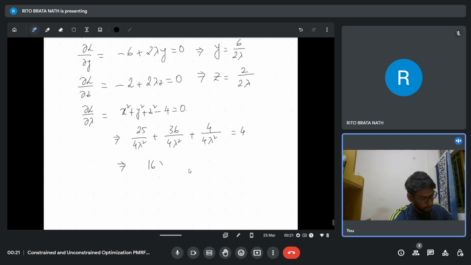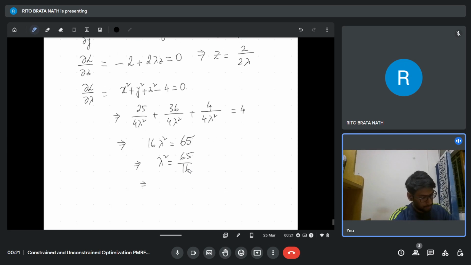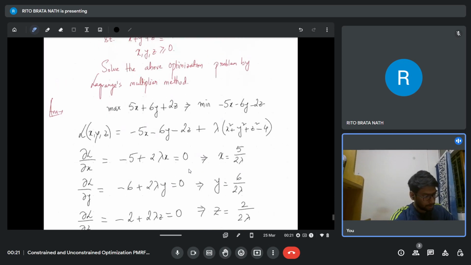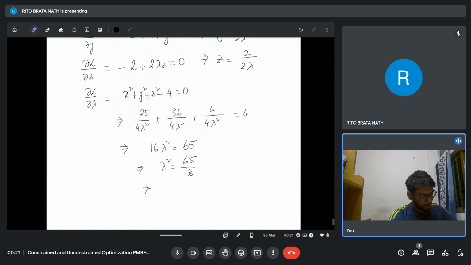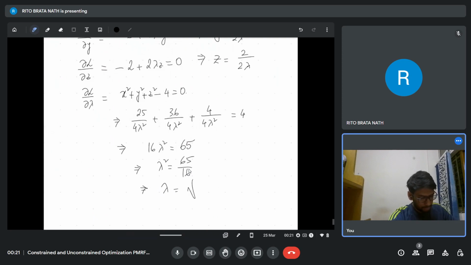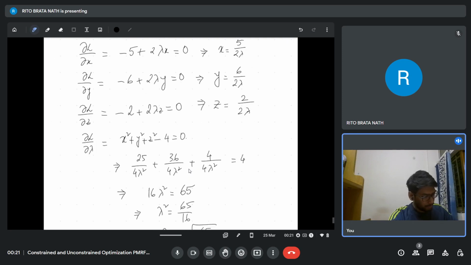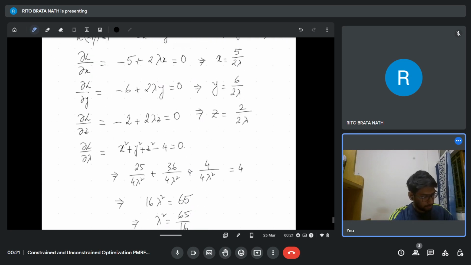So 16 lambda squared is 40 plus 25, so that's 65. Lambda squared is 65 by 16. Since your x, y, z are positive or 0, lambda cannot be negative, so here lambda is root 65 by 16.